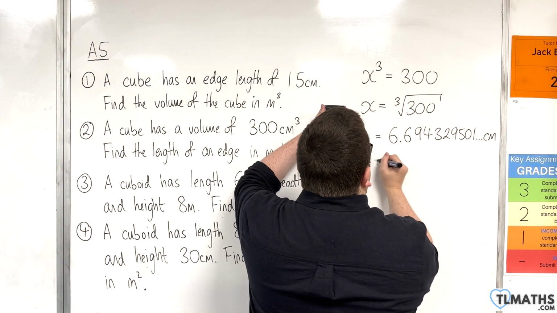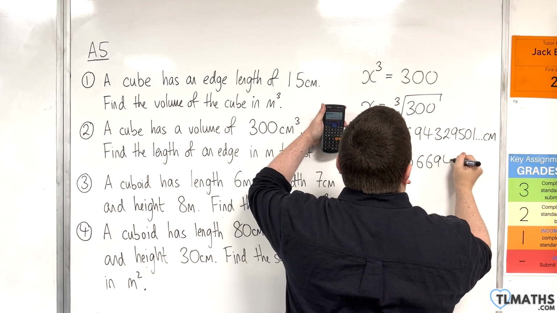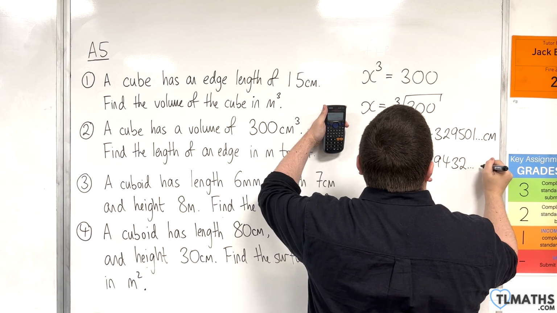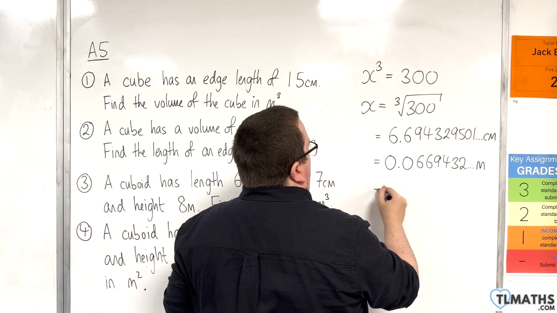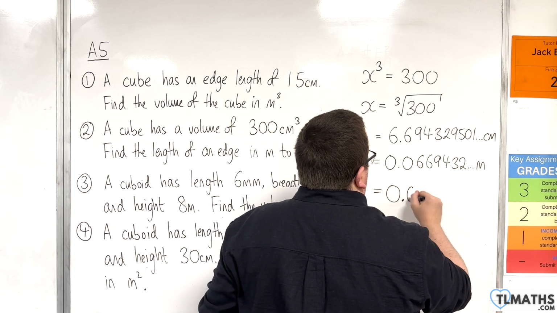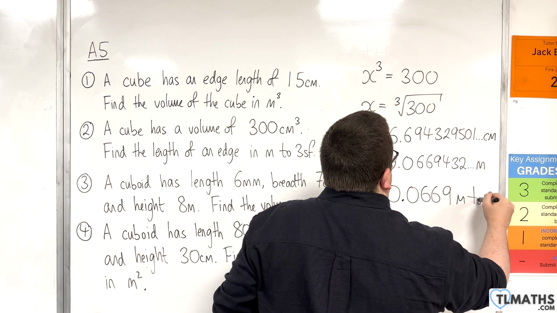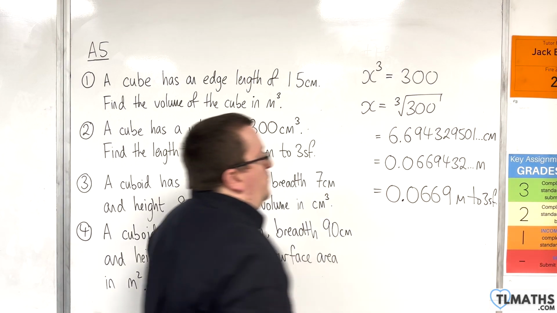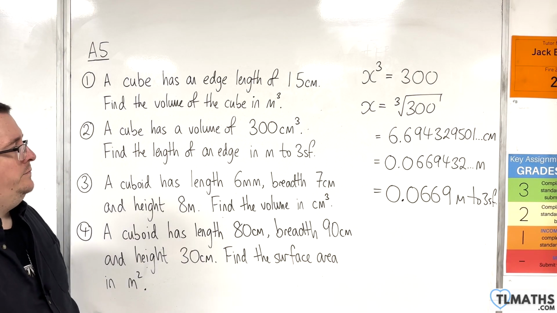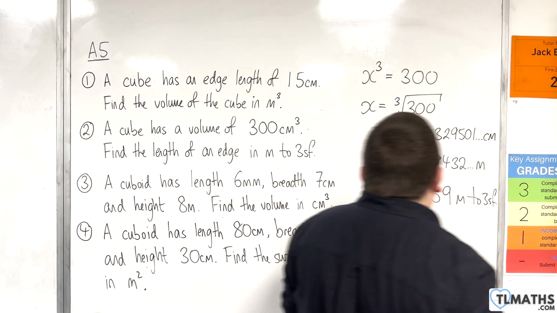Okay, so we're going to get 0.0669432, etc. metres. But we want it to 3 significant figures. So 0.0669 metres to 3 sig fig. Okay, so that is number 2.